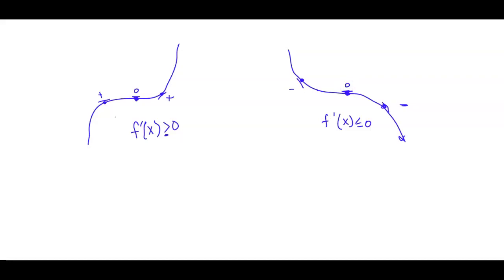So in the case of monotonic functions, or the portion of our function that we're looking at being monotonic, we know that we're not going to have that switch from increasing to decreasing at a critical value.